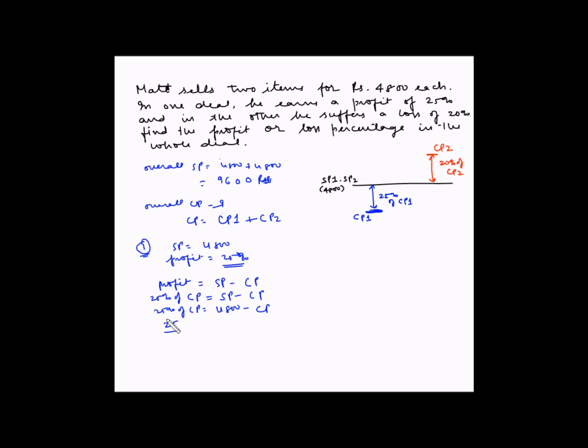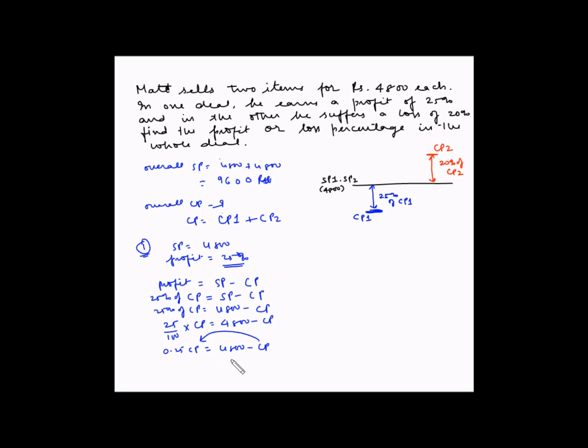So 25% becomes 25 by 100 multiplied by CP is equal to 4800 minus CP. So 25 divided by 100 will be 0.25 CP is equal to 4800 minus CP.